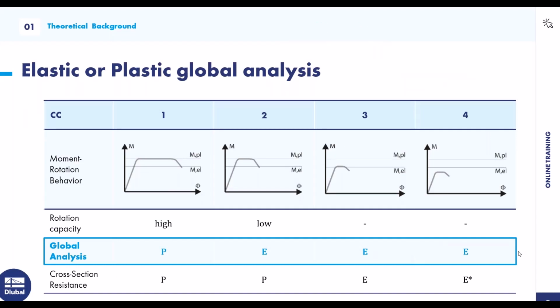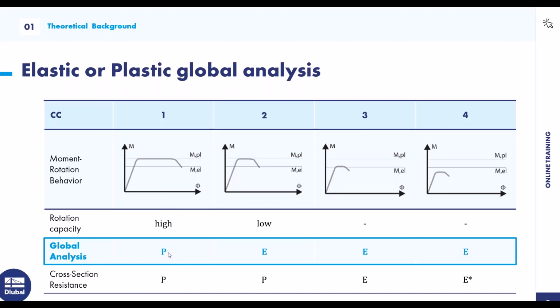Elastic or plastic global analysis. Whether an elastic or plastic calculation is possible always depends on the cross-section classes. There are 4 cross-section classes. The first cross-section class has a high rotational capacity, and this allows a plastic structure calculation.